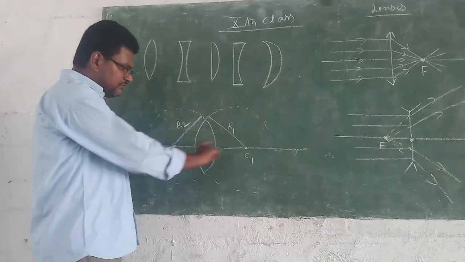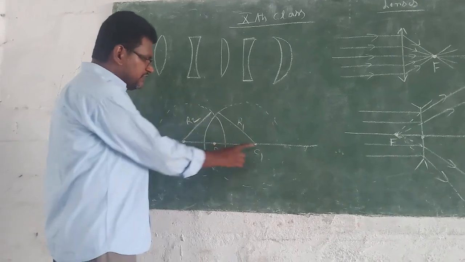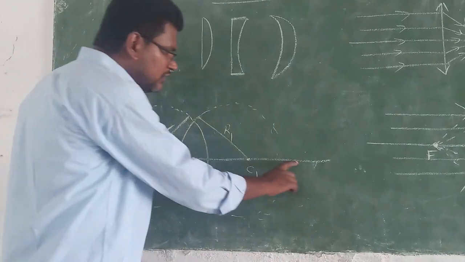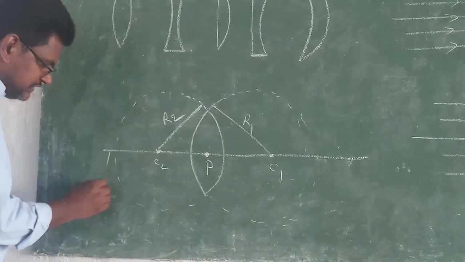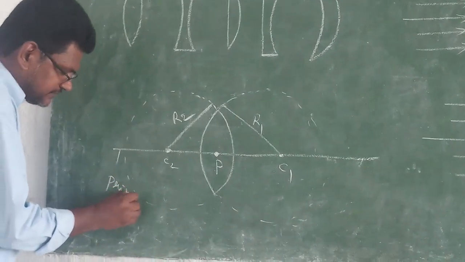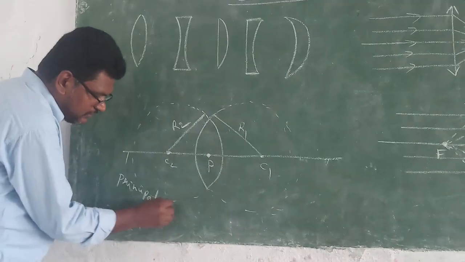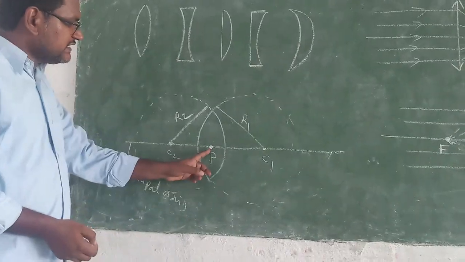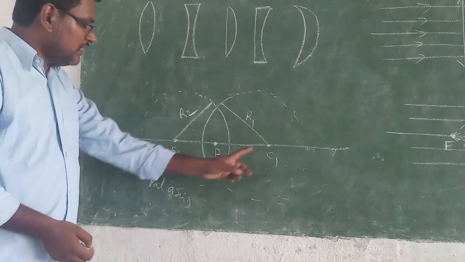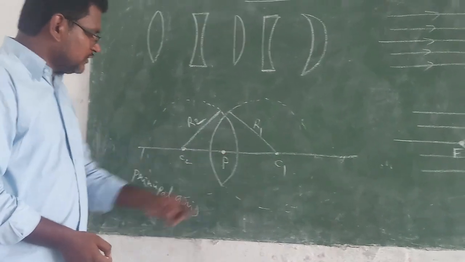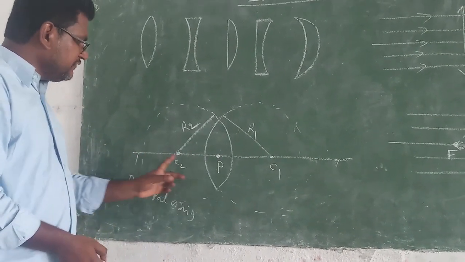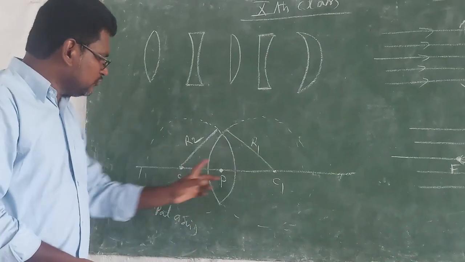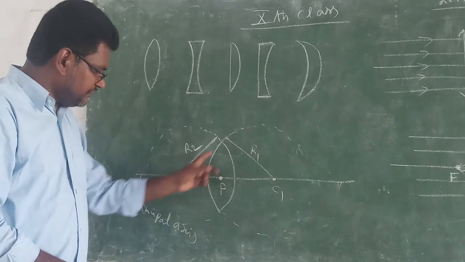A line drawn by joining C1, C2 and the optic center is called the principal axis. This is the principal axis. Principal axis means the line passing through the center of a lens, or a line which joins the centers of curvature of a lens.